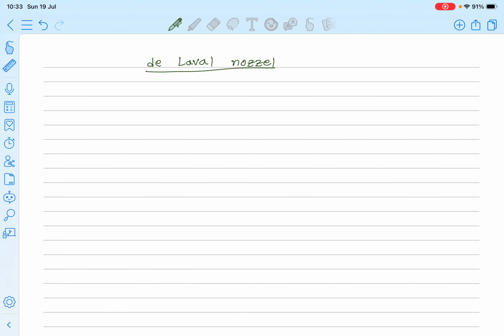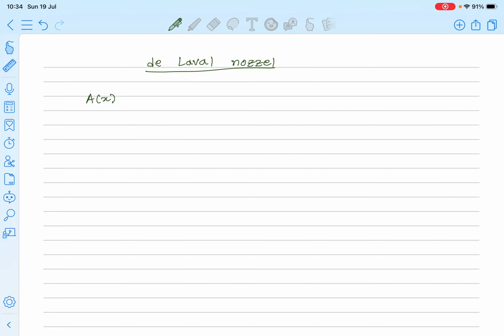So let us consider a one dimensional flow where the cross sectional area A(x) is very small. So you can consider it as a one dimensional flow through a pipe. Now throughout the pipe mass is conserved.